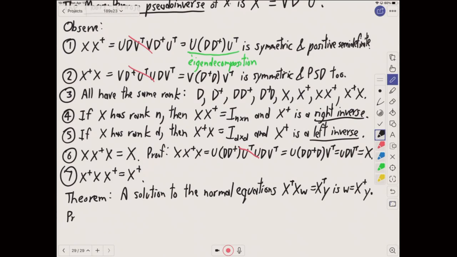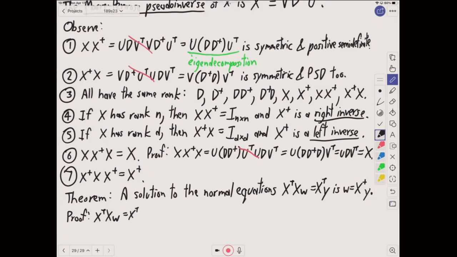And the proof, well, let's take X transpose X w, and let's take what I claim is a solution and substitute that solution in for w. What happens if I do that?